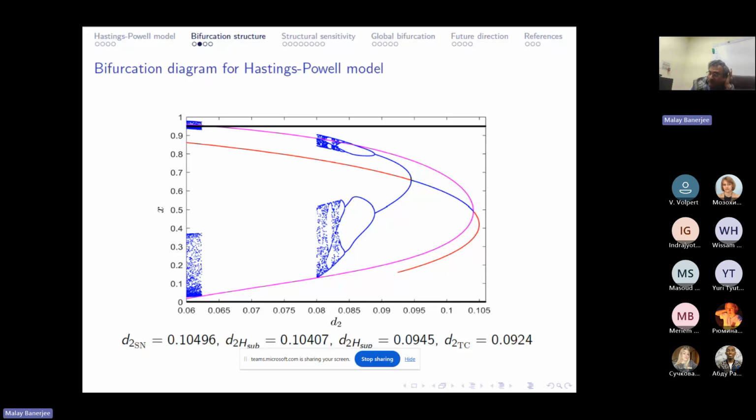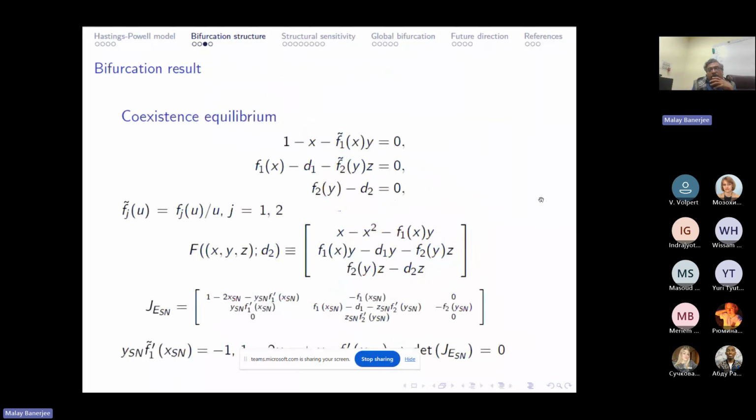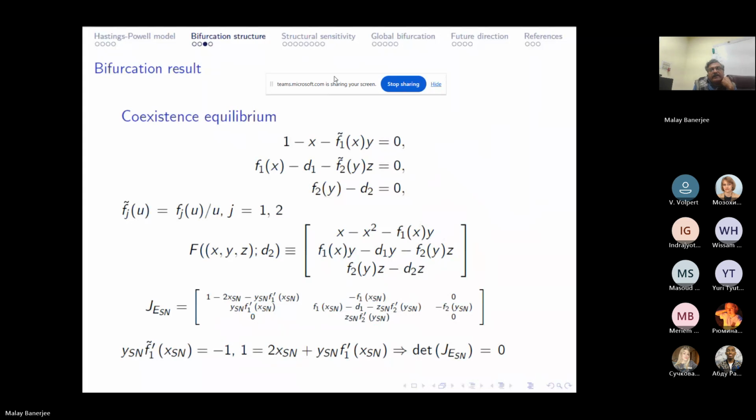Now, just for your information, I can quickly show you some results that can be obtained. What we did is choose the model in the most general form, in the sense that we are considering this system in terms of f1 tilde x and f2 tilde y.